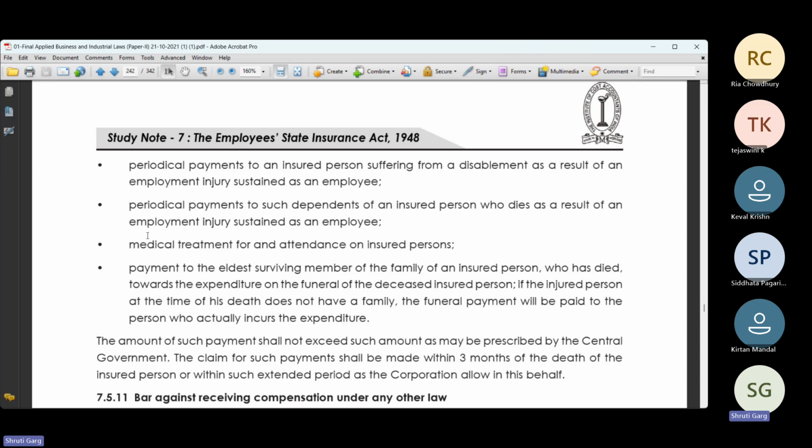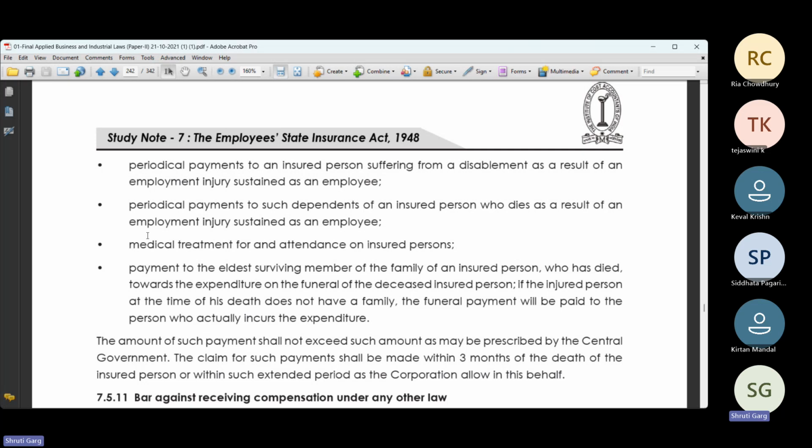If the insured person at the time of his death doesn't have a family, the whole funeral payment will be paid to the person who actually incurs the expenditure. Right? These expenses are much needed and are paid to needy employees. The amount of such payment shall not exceed such amount as may be prescribed by the central government.